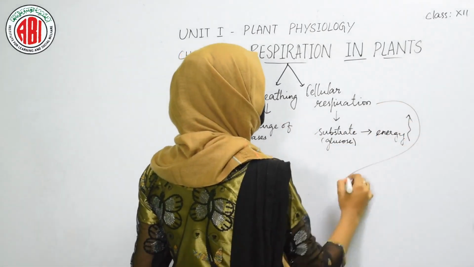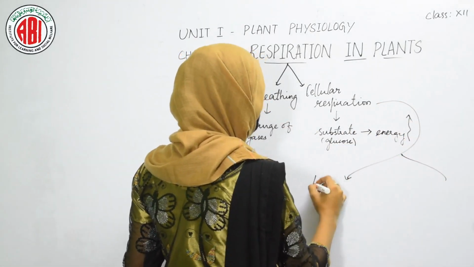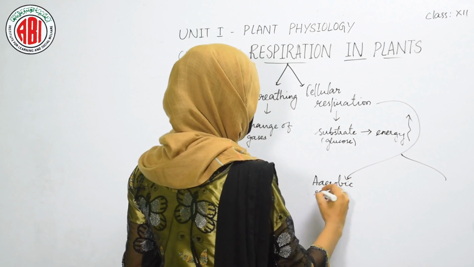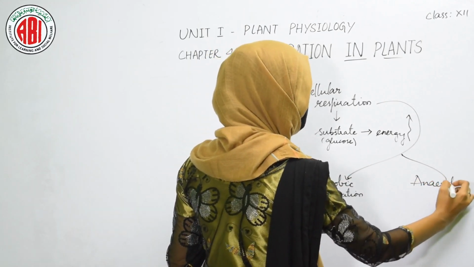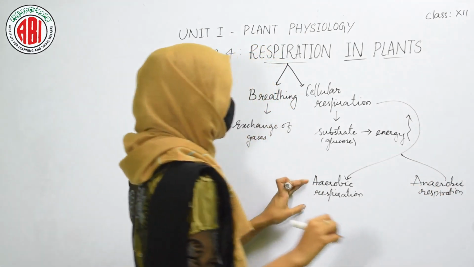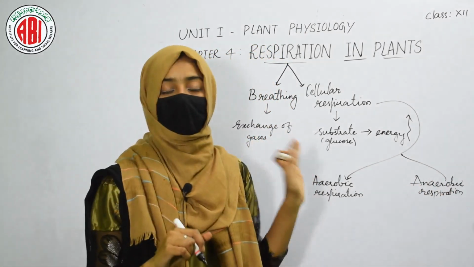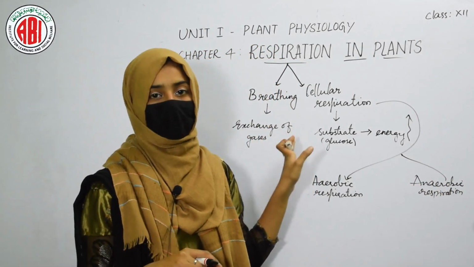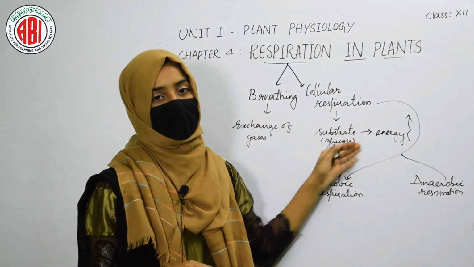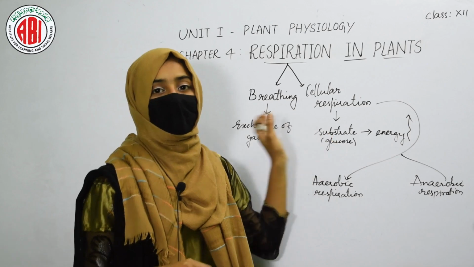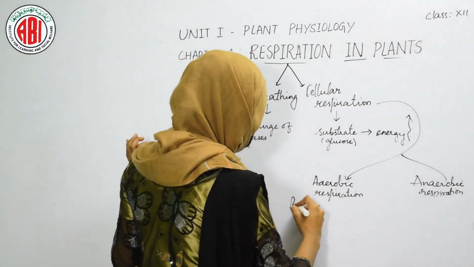Generally, cellular respiration is of two types: aerobic respiration and anaerobic respiration. Aerobic respiration is a type where the glucose gets broken down to release energy into the different cells in the presence of oxygen.